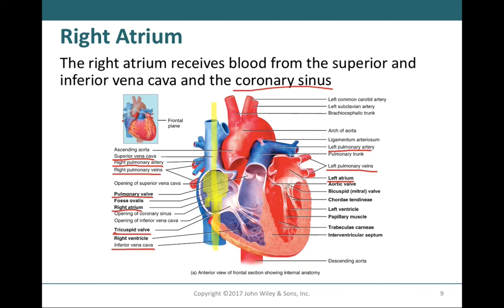And this valve only has 2 cusps, unlike the tricuspid valve, which had 3. So therefore, we call this the bicuspid valve. And another very common name for this is the mitral valve, and I'd like you to know both of those terms for this valve, the bicuspid or the mitral valve. So that's going to separate the left atrium from the left ventricle.